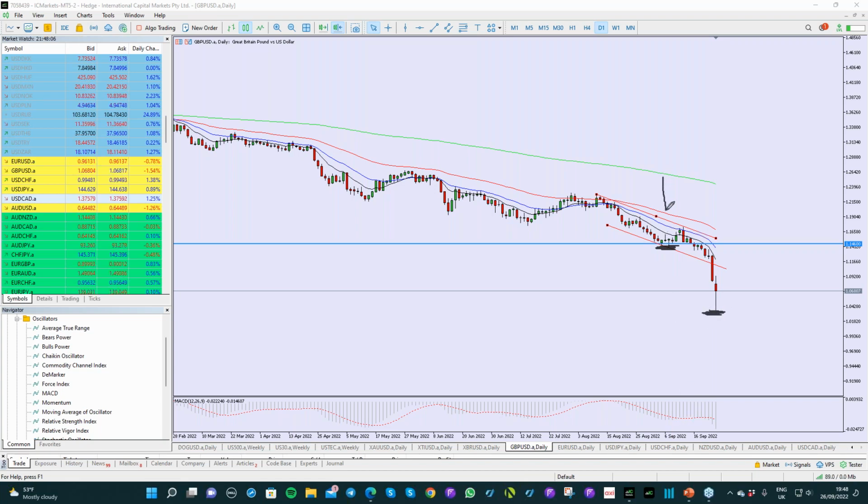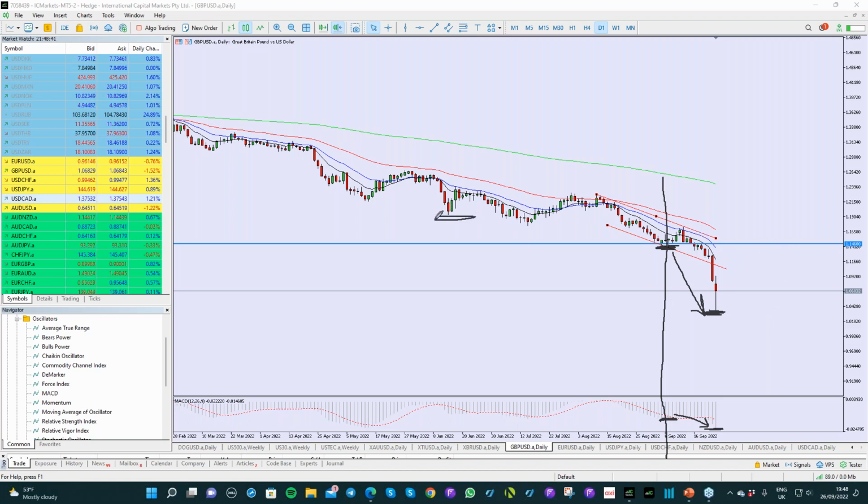And looking down to the corresponding low in MACD, the MACD is also getting lower. So as price action is trending lower, the MACD is also trending lower. That indicates convergence. The MACD is converging with price action, and that gives me more confidence that the momentum behind this trend is strong and the trend is more likely to continue.